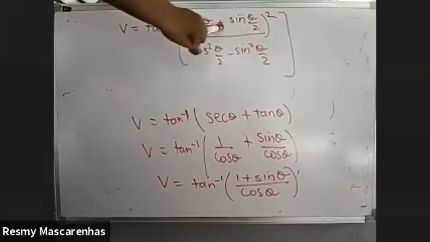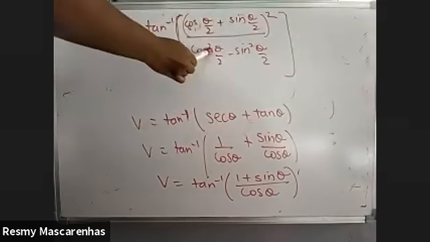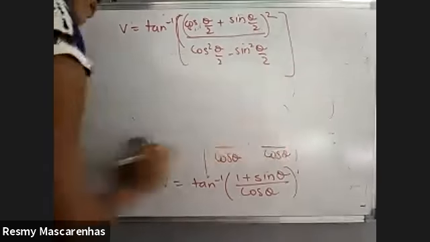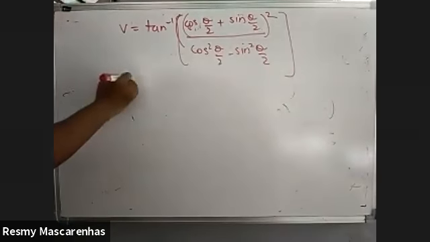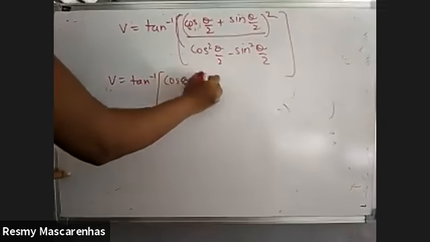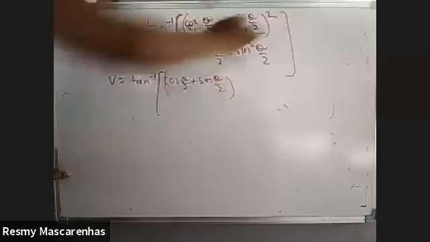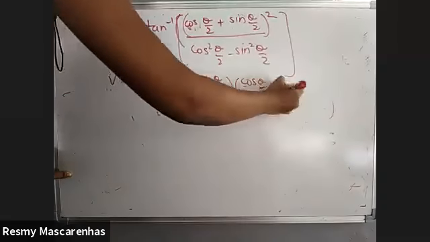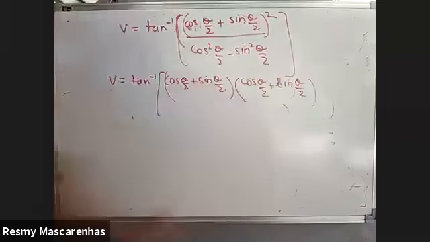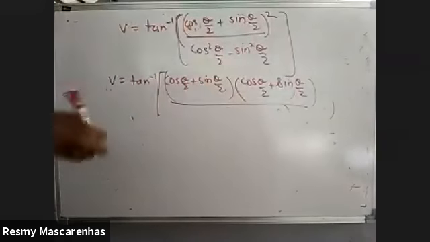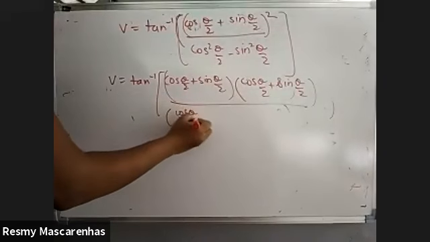So this is in the form of a plus b the whole square, and this is in the form of a square minus b square. So v will be tan inverse of cos theta by 2 plus sin theta by 2, twice I can write because it is the whole square, upon a square minus b square. The formula is a minus b into a plus b.